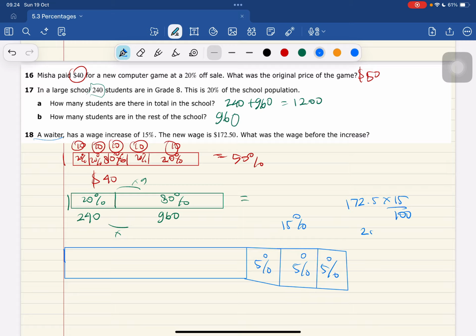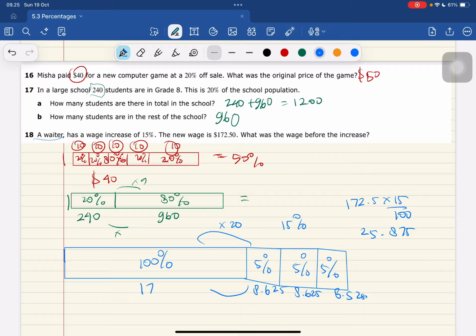So this is 25.875. If we divide it by 3, each 5% is 8.625, 8.625, 8.625. If 5% to 100 is multiplied by 20, isn't it? So let's make it 8.625 multiplied by 20.